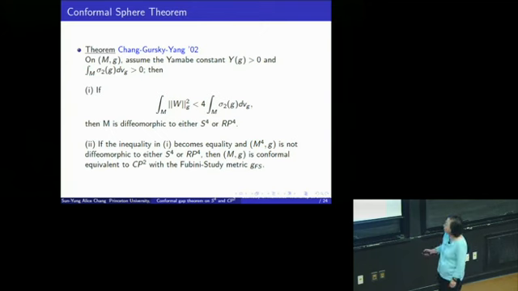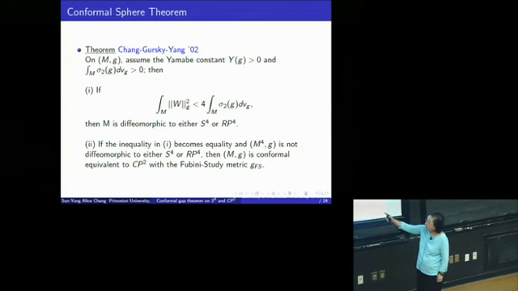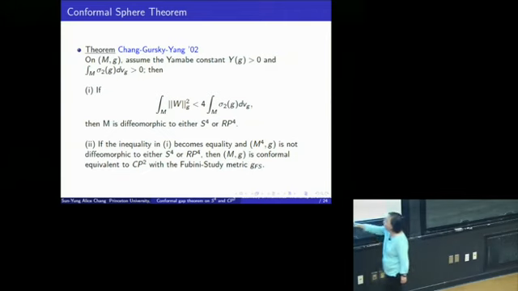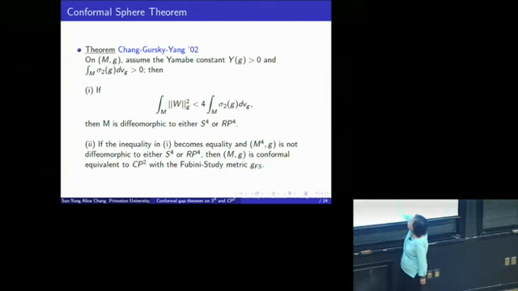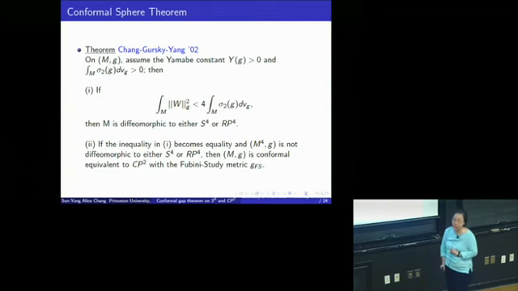If we assume that this 4-manifold is in the positive Yamabe class, the scalar curvature is positive, and also this conformal invariant quantity, the integration of sigma 2, is positive, then if the first functional is less than 4 times the second, instead of the pointwise condition of Weyl square to sigma 2, if it's an integral condition, then the manifold is already diffeomorphic to the 4-sphere. So we change the pointwise condition of Margerin to the integral condition.